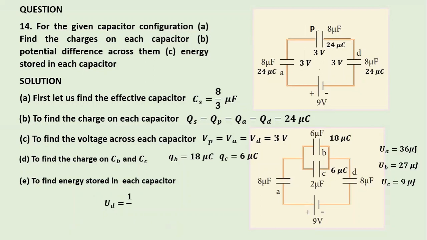Finally, let us find the energy stored in capacitor D equals 1/2 CD VD squared. The value of CD is 8 microfarad. The voltage across D is once again 3 volt. So we get the energy stored in capacitor D equals 24 microjoule. Thank you.